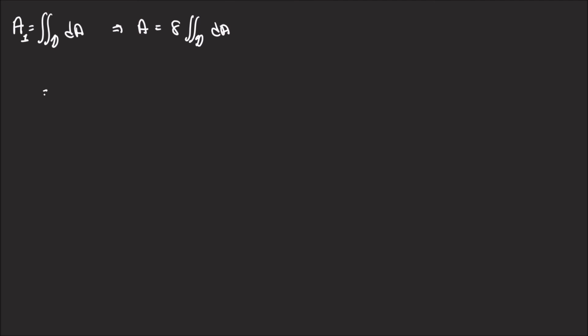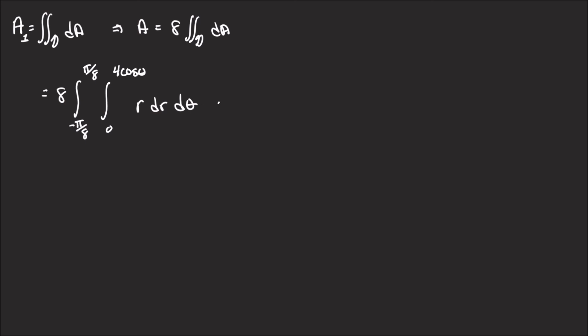So if we set it up, we're going to have 8 times the integral from minus pi over 8 to pi over 8, integral from 0 to 4 cosine of theta, r dr d theta.